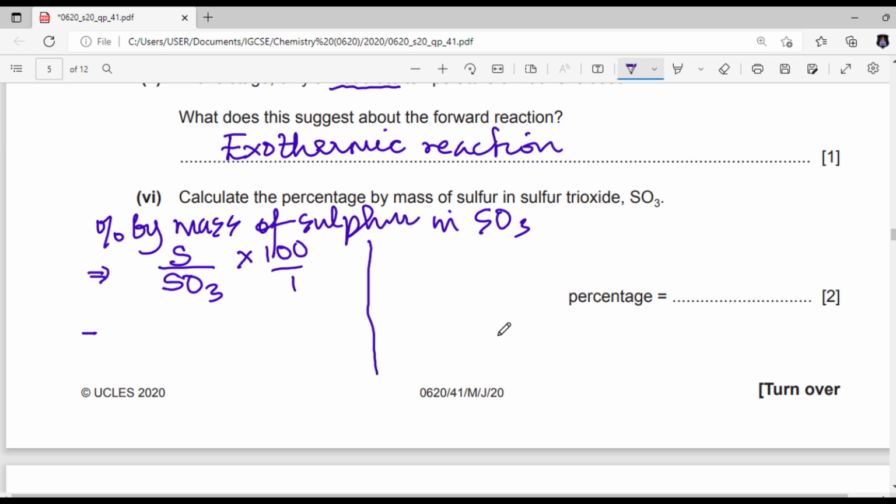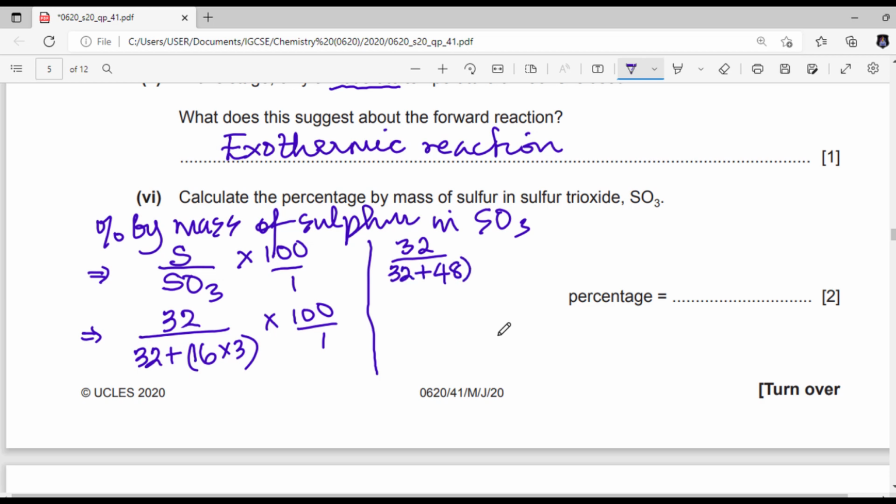Now what's the mass of sulfur? The relative atomic mass of sulfur is 32. Well, for this will be 32 plus oxygen is 16 from your periodic table, 16 times 3. Then times 100 over 1. So from here this will give us 32 over, if you evaluate this, 32 plus 48 times 100 over 1, which gives us 32 over 80 times 100 over 1.